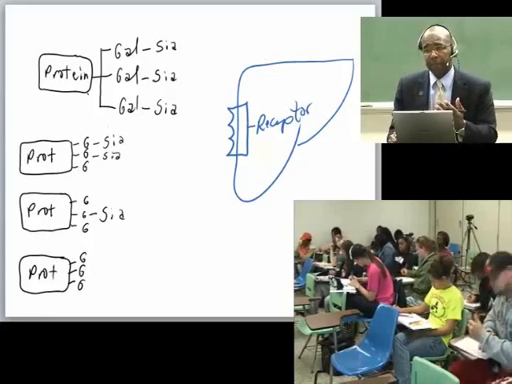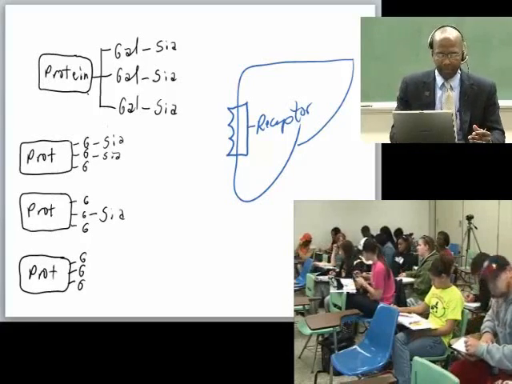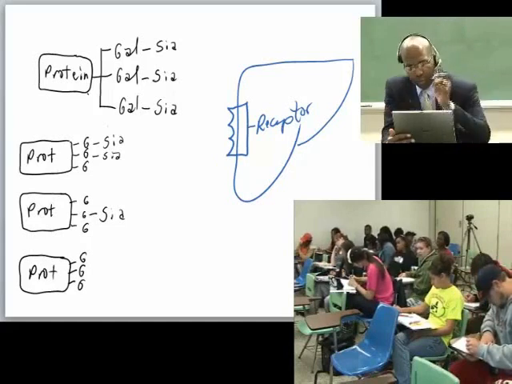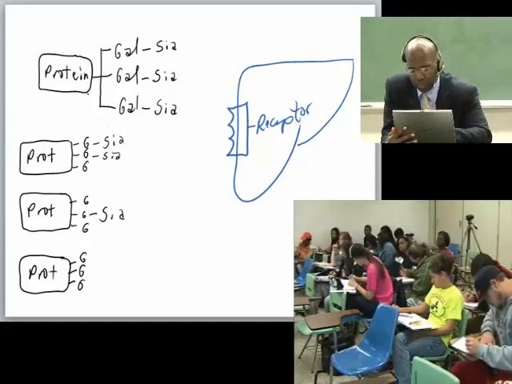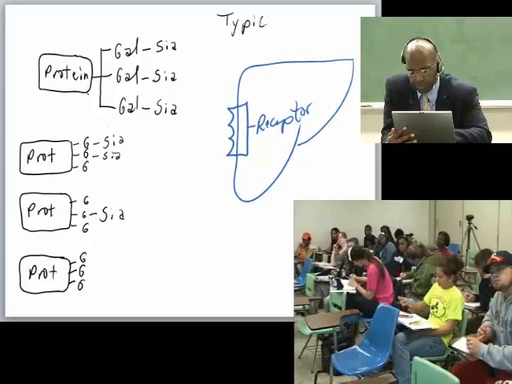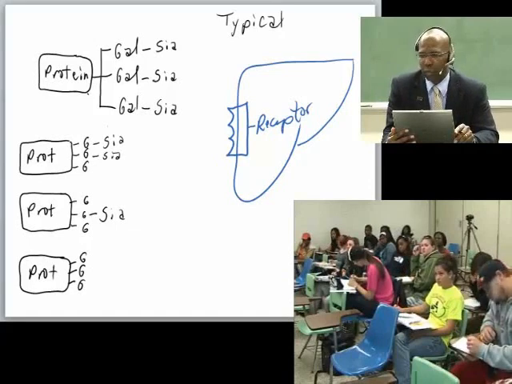Make sense? Now what we're going to do, we're going to name the receptor. But I want to ask you all something. What does this word mean? I'm just going to write a word here. What does this word mean? Typical. What does that mean?